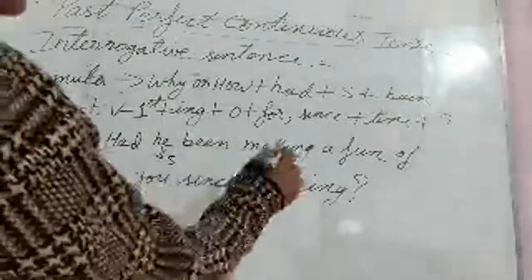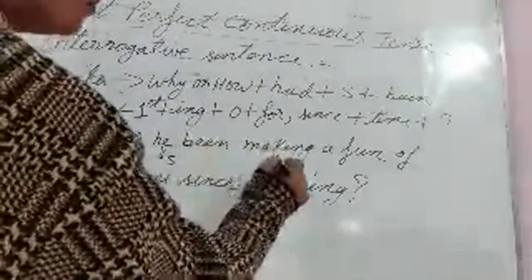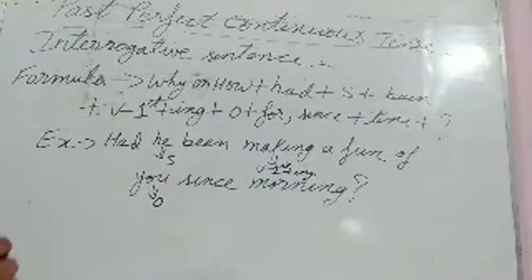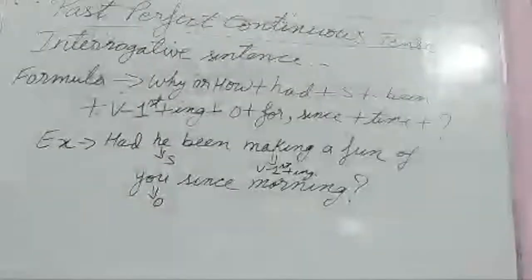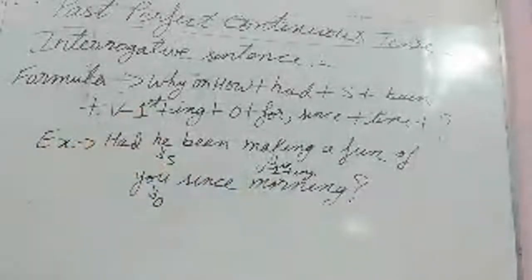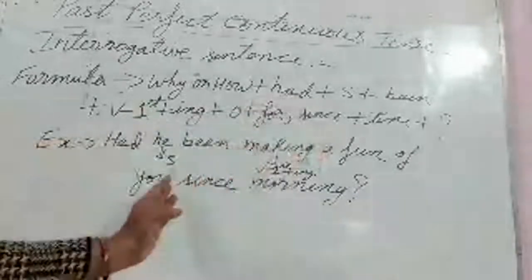Okay, been making here is the verb of first form plus ing, a fun of you is the object, since morning. Okay, so it is a period of time.